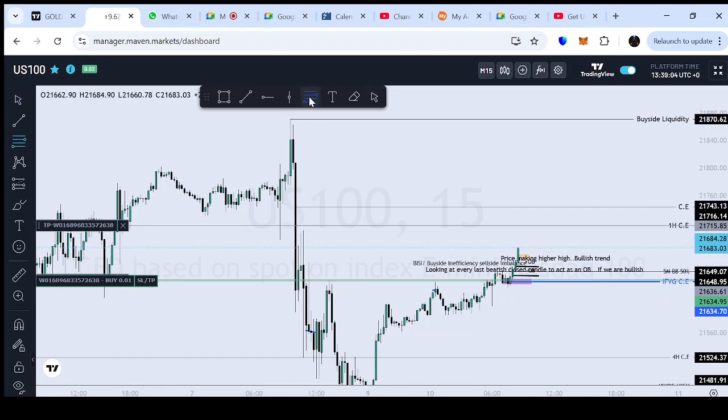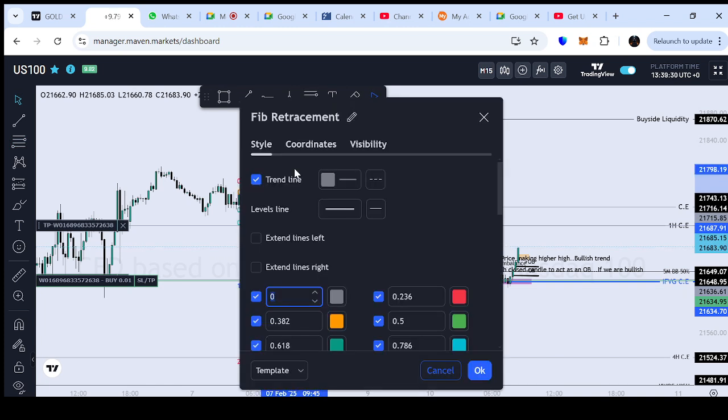Use your Fibonacci. Here is your Fibonacci retracement. You anchor from the low, the candle that created a fair value gap. That's the high of that week, to this other block, the low of the week, the bearish candle. So this is how you can set your Fibonacci retracement.